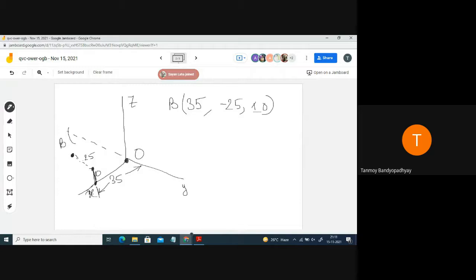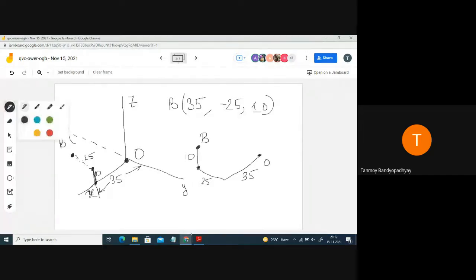Just follow from the point O. The x distance is 35. For y, you have to move again by 25 in the negative y direction, and then you have to go up 10. Compared to the origin, it is lying somewhere here. So this is the point B. Just try to follow the figure.